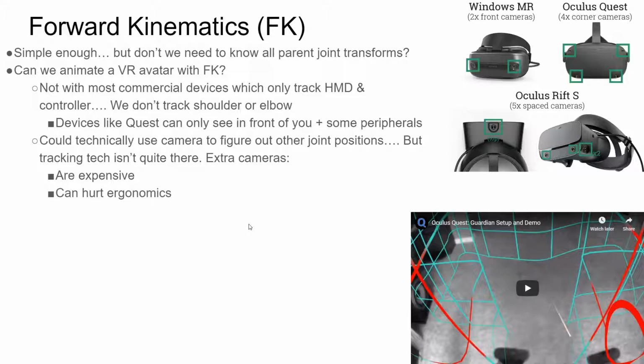Financially speaking, they're expensive. They're ergonomically just ugly, and they eventually will make the headset really bulky because you need to fit those wires somewhere, and so on. You need to place them specifically. You need to do the extrinsic calibration, those of you in computer vision. Cameras are expensive in terms of hardware.